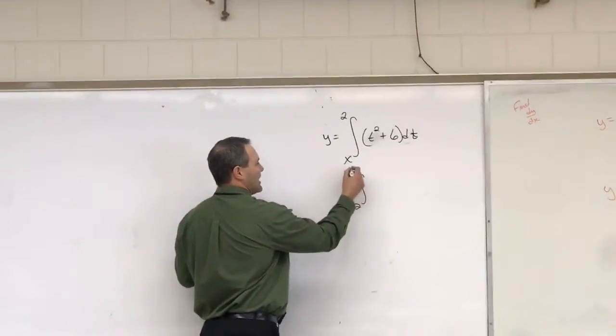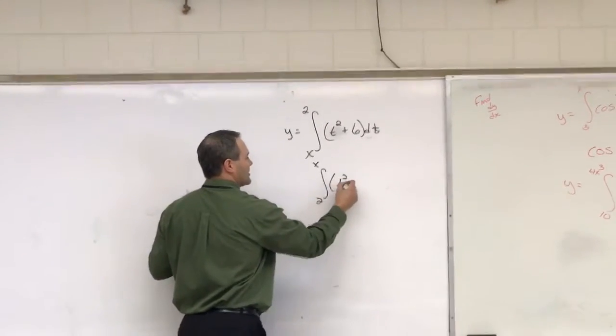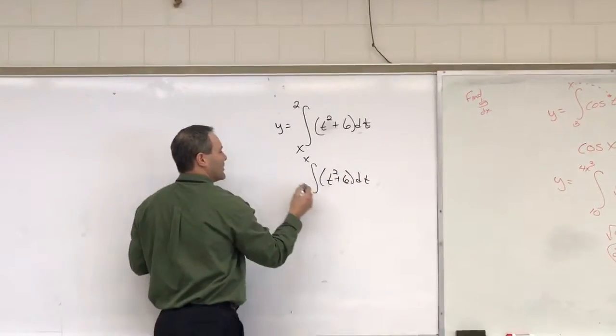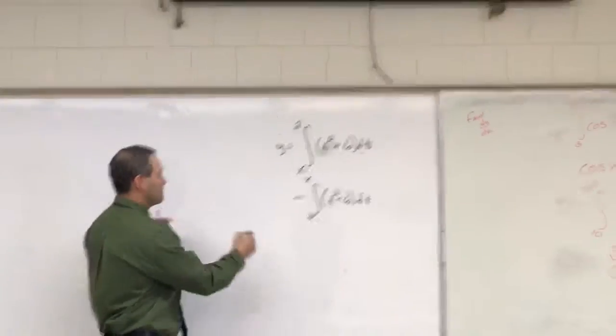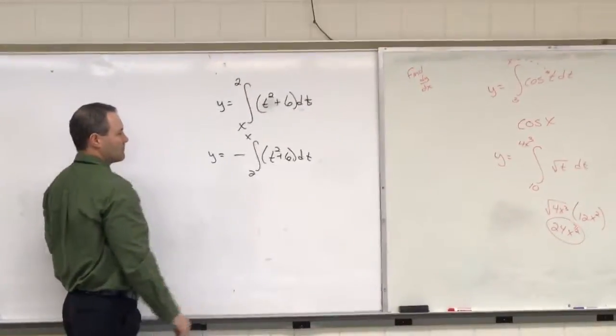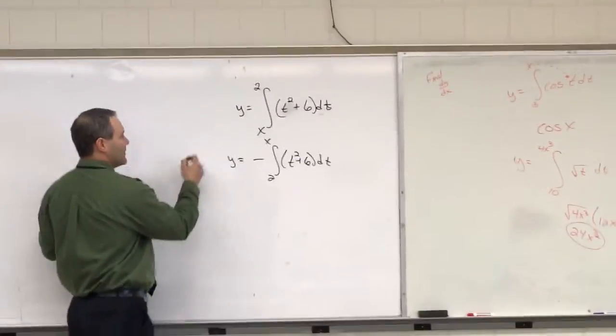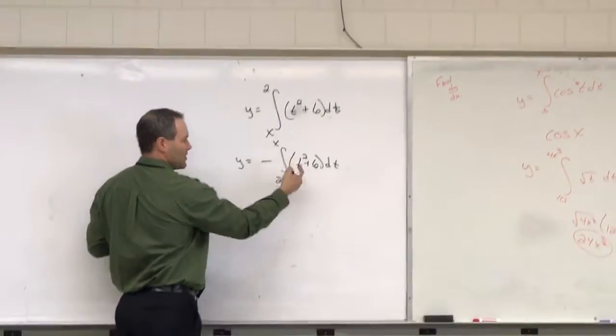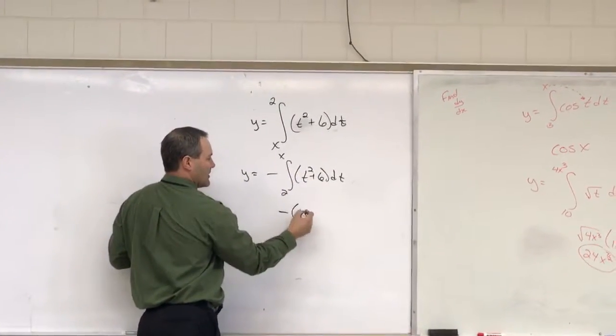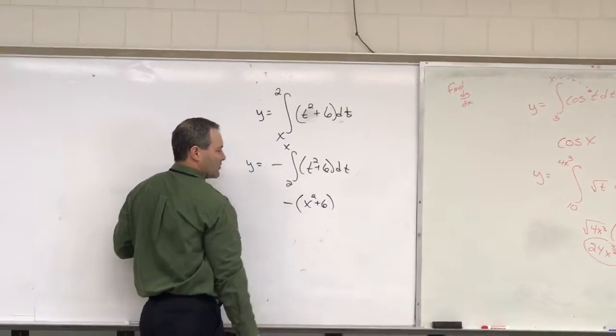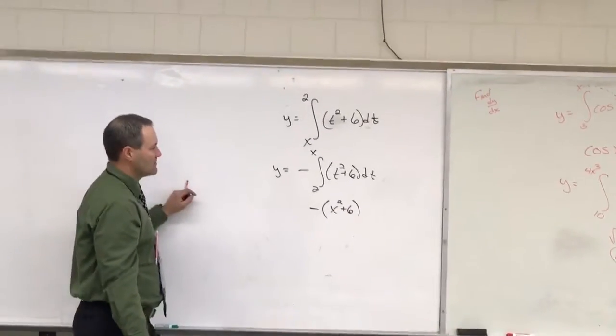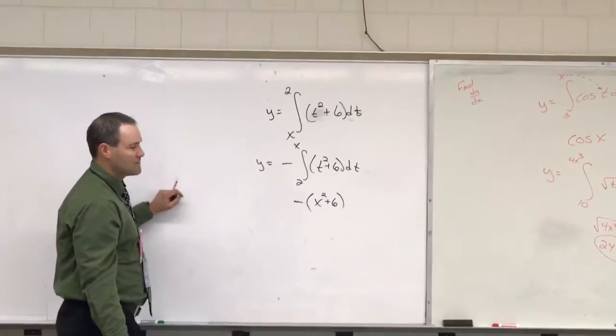So it's from 2 to x of t squared plus 6 dt. But now we have to negate it, right? And we are finding the derivative, so we can drop it in. So it's negative x squared plus 6, and we're done.